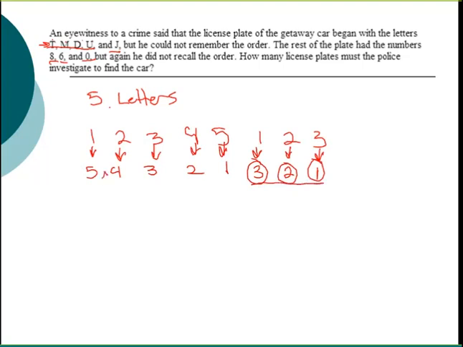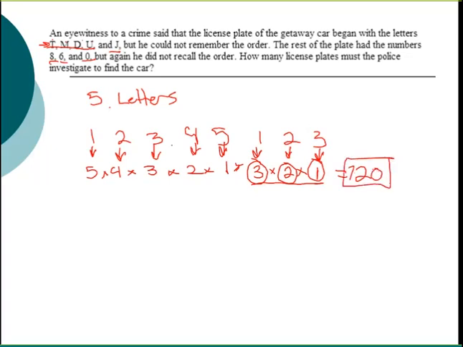But here, if we multiply this out, that will tell us how many different license plate numbers the police will be having to search through. So 5 times 4 times 3 times 2 times 1 times 3 times 2 times 1 is 720 different license plates.